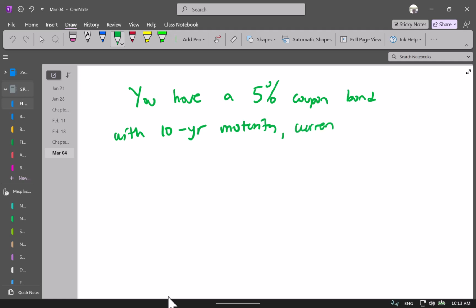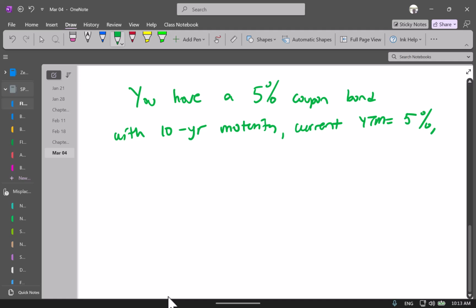Current yield to maturity is also 5%. Yield to maturity for standard bonds, okay? For non-callable bonds.